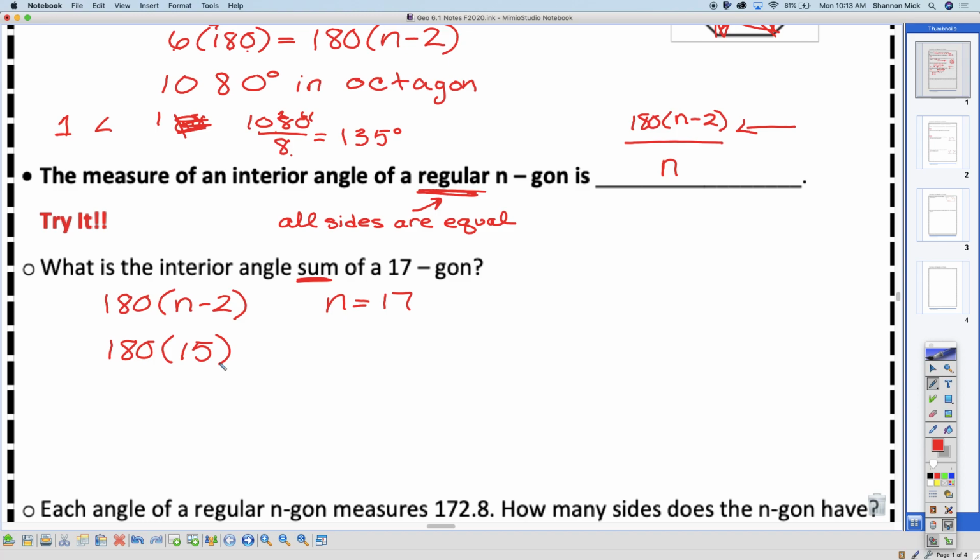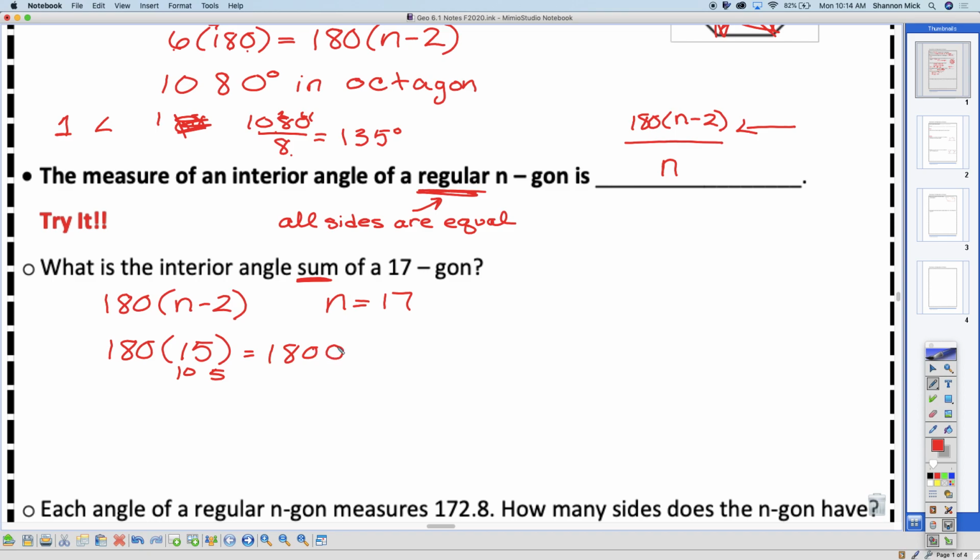Okay, so I'm going to split this up into 10 and 5. Isn't 10 plus 5 15? Okay, so 180 times 10 is what? 1,800, right? I just add a 0.